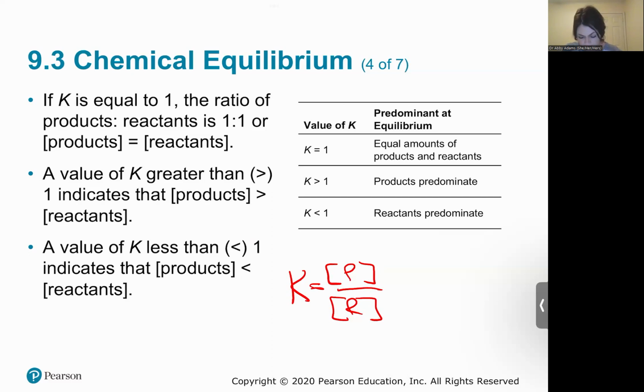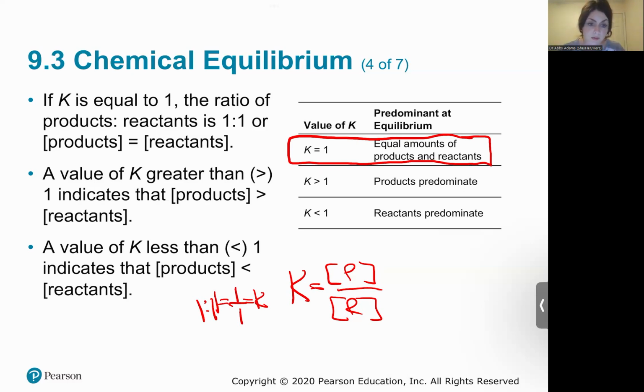So if the products to reactants is the same, then K, your equilibrium constant, is going to equal 1. You have equal number of products and reactants. So that's like saying 1 to 1 or 1 over 1. All right, so that's 1. Then K equals 1, and that rarely happens that it's exactly this way.